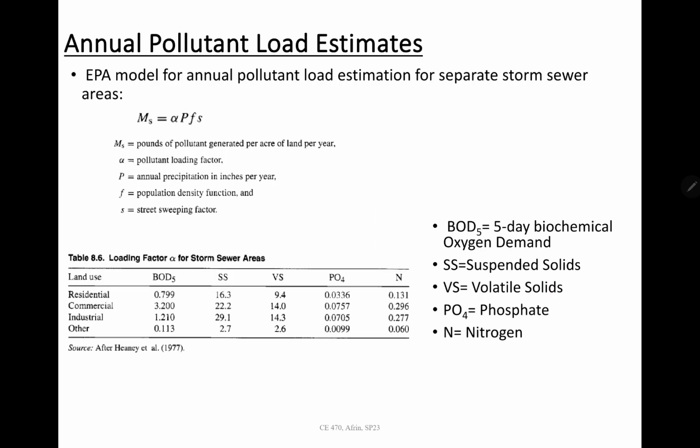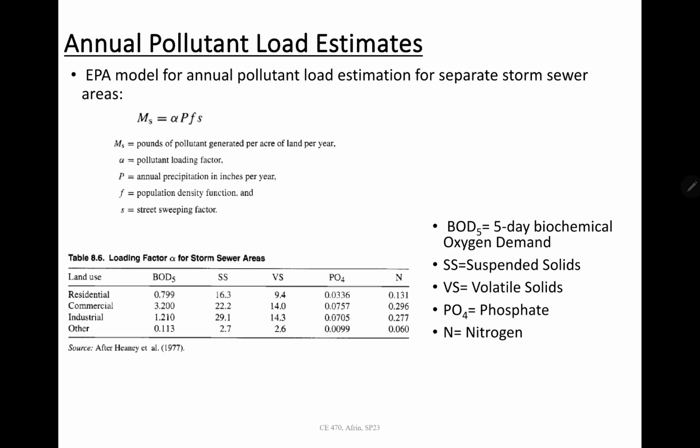Okay, so the very final thing is, if we want to find out the total annual pollutant load for different types of storm sewer, how can we find that out?